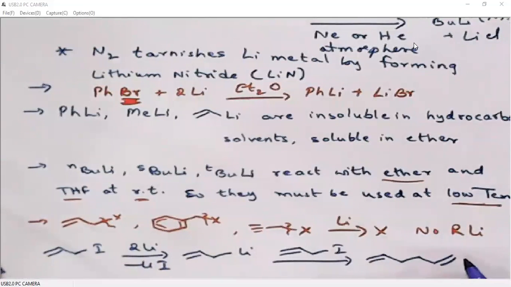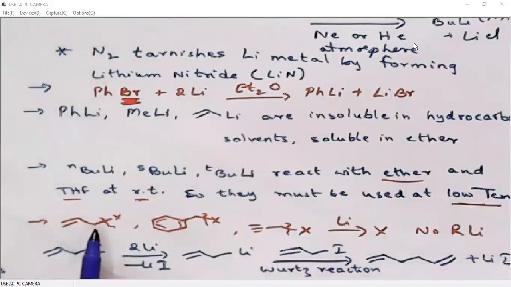That is what is called the Wurtz reaction. That is why we generally don't prepare allyl, benzyl, or propargyl lithium reagents in this fashion.